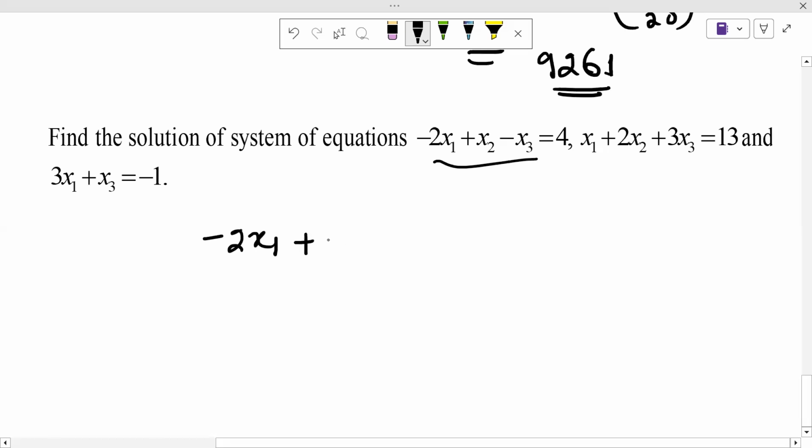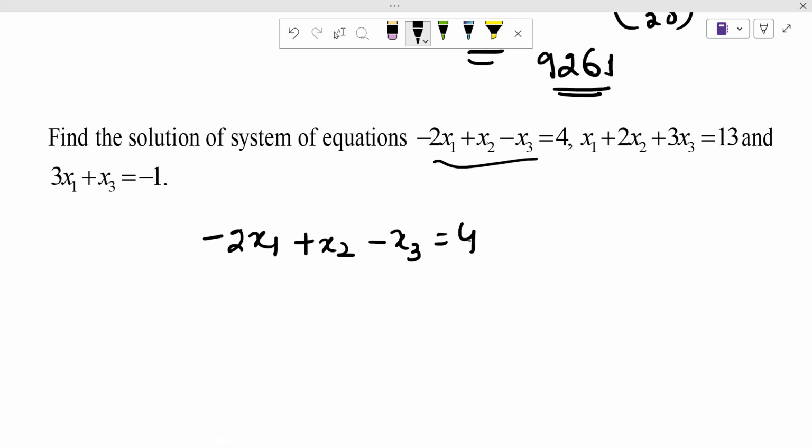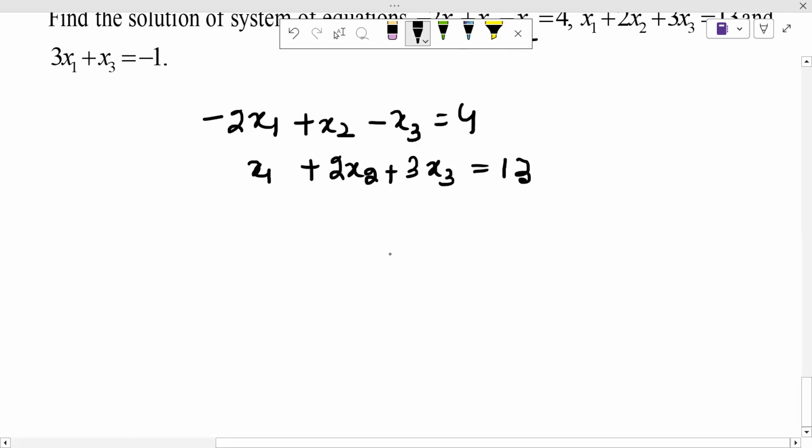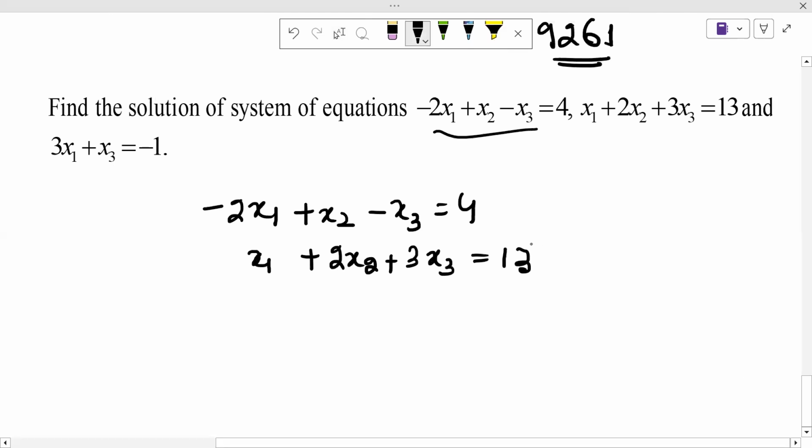The first equation is -2x1 + x2 = 4. The second equation is x1 + 2x2 + 3x3 = 13. The third equation is 3x1 + 0x2 + x3 = -1, since x2 is not given here.